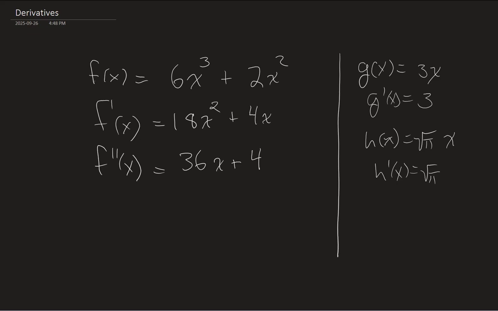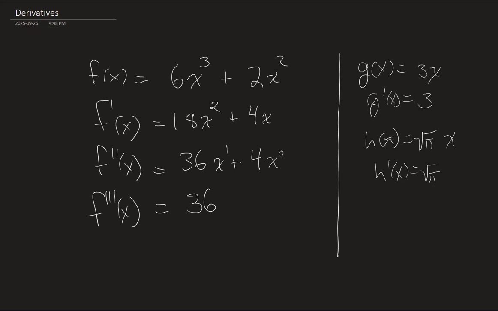Okay, let's take the third derivative of this, f triple prime of x. And remember that x has an understood exponent of 1, so this is 1 times 36, x to the 0 is just 1. Now what about this 4? Well, if you remember, we said that that's kind of like having an x to the 0 right there.